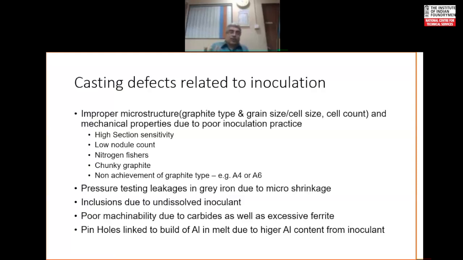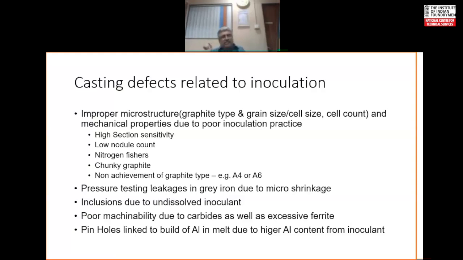Or say low nodule count in case of large iron castings, sometimes nitrogen fissures, chunky graphite in case of large ductile iron castings, where there is a degeneration of nodules which can happen because of longer cooling times and the nucleant or inoculant not being effective for that type of situation.